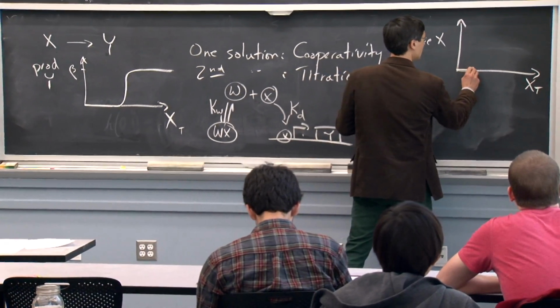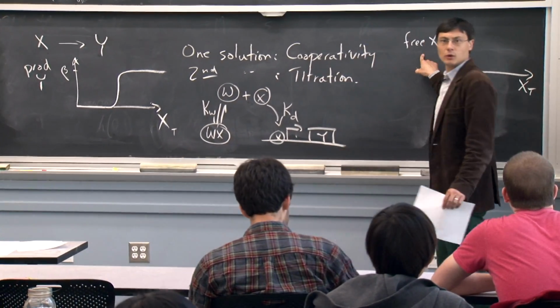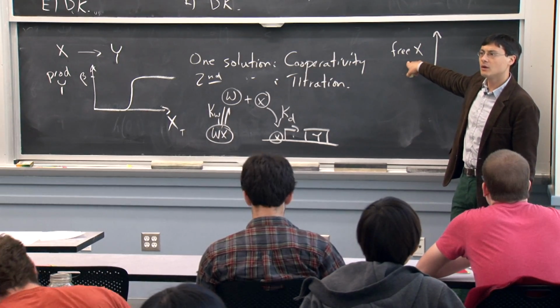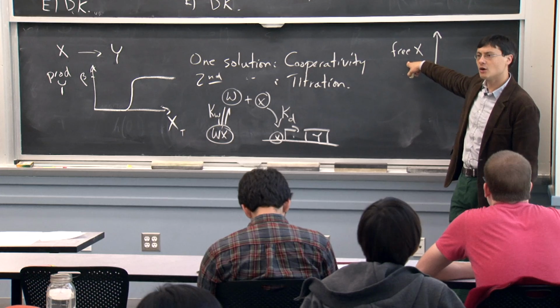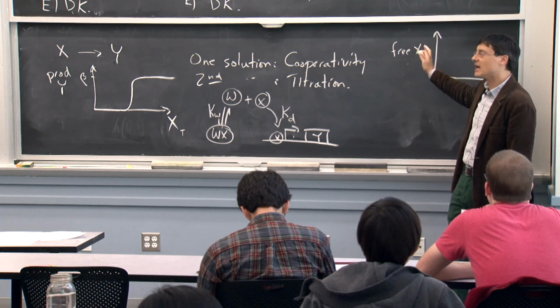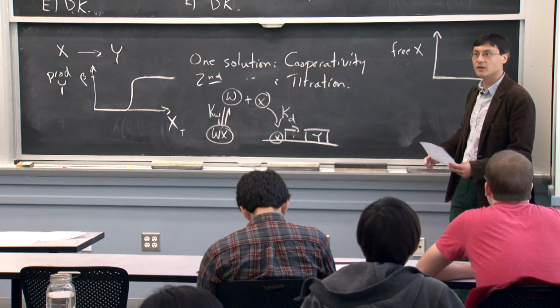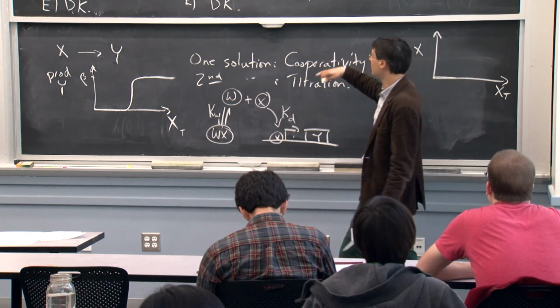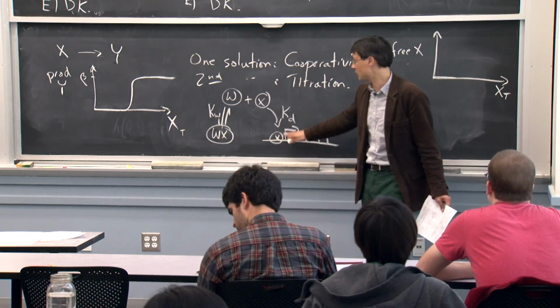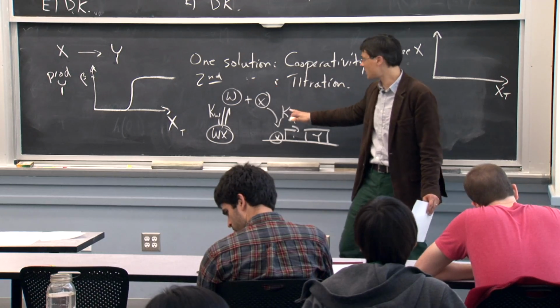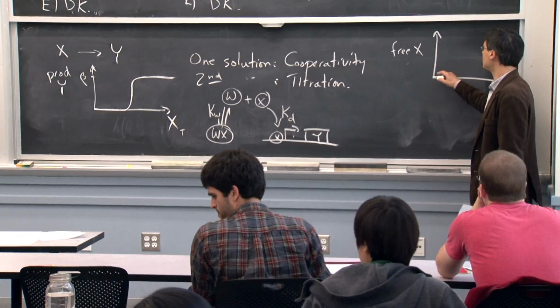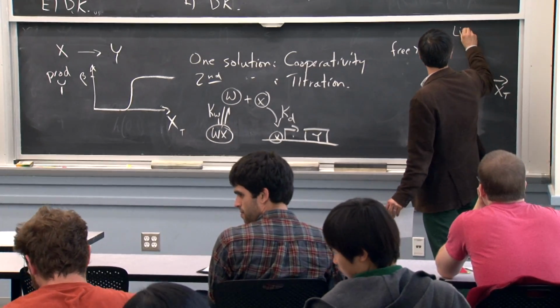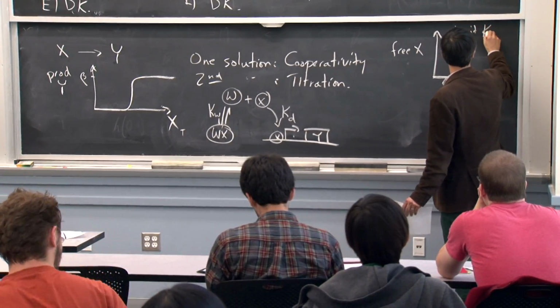When thinking about the concentration of free X, do we have to worry about how much X is bound to the promoter? No, so long as you have any reasonable concentration of X, the one X that binds to that promoter, to that DNA, is not going to affect the concentration of free X. So we really just have to worry about how much is bound to W. So it's going to be 0, in the limit of KW going to 0.